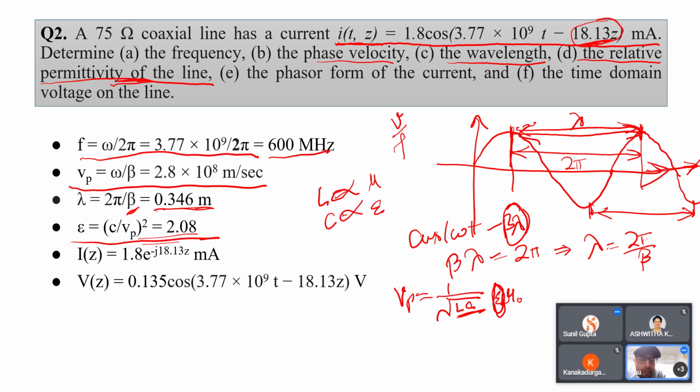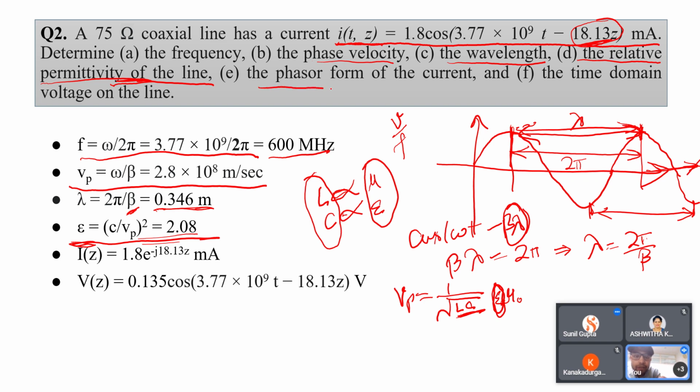In case of fields we define these parameters, whereas in case of circuits we define these parameters. So they are mutually dependent. That's how we can calculate the value of epsilon.